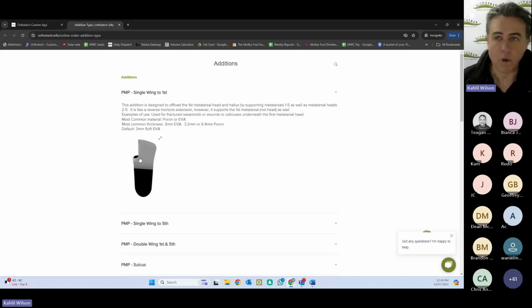If you were to do a mod route with a part first ray fill because you want to have that first ray function after the sesamoids have healed, then you may go for that and just have a larger or a thicker single wing PMP. So it is more beneficial than a reverse Morton's because it supports the first metatarsal without supporting the first metatarsal head.